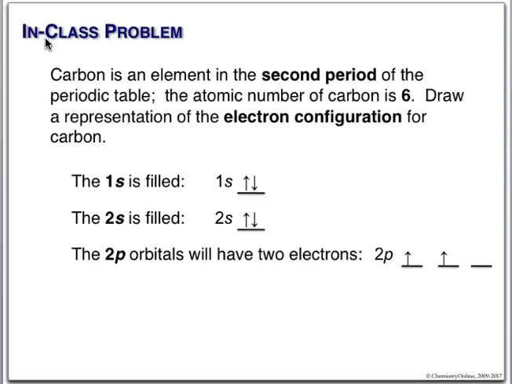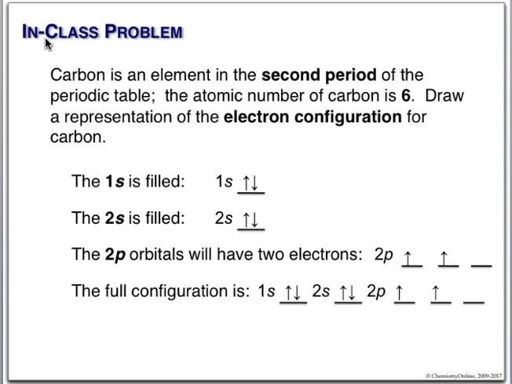Now, our total configuration would look like this. The 1s is full, the 2s is full, and we have two separate electrons in the 2p. We could write this in shorthand.